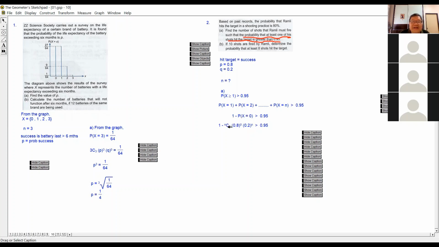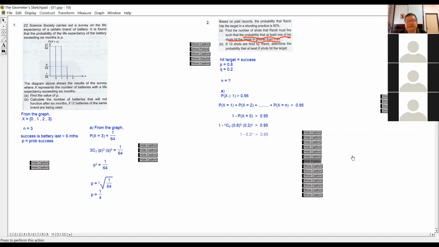The first one, nC0, even though I do not know the value of n, I know that nC0 is 1, no matter what the value of n is. This is the property of nCr, right? The other one that is equal to 1 is nCn. Then 0.8 to the power 0 is 1. 0.2 to the power n, I don't know. We just leave it like that.